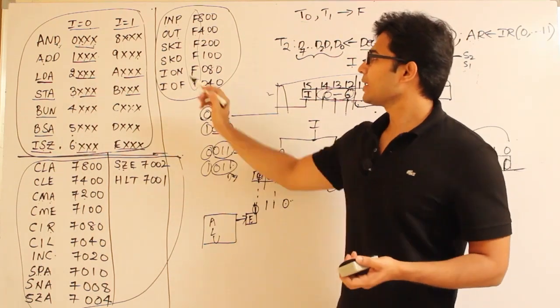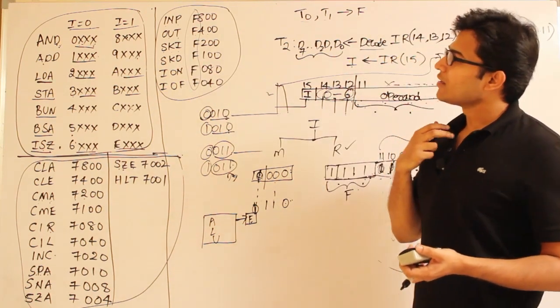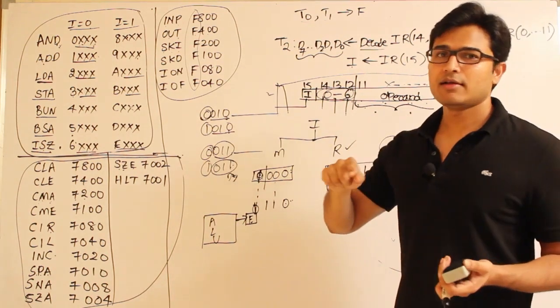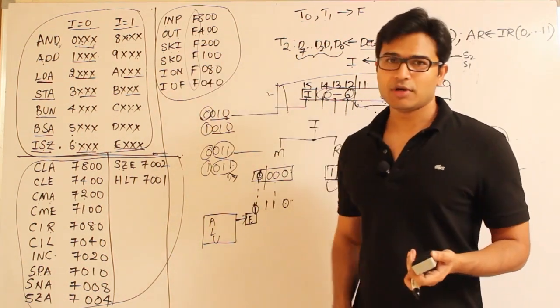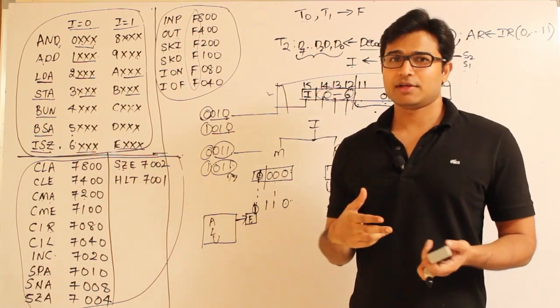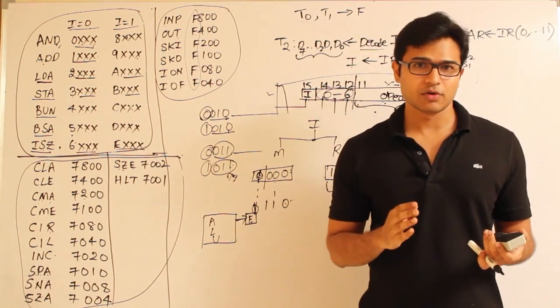Using these two. And then SKI, where we are going to test the flag. There will be one flag for input and one flag for output. Why are these flags required? Most of the time the CPU will be faster and input output devices will be slower.